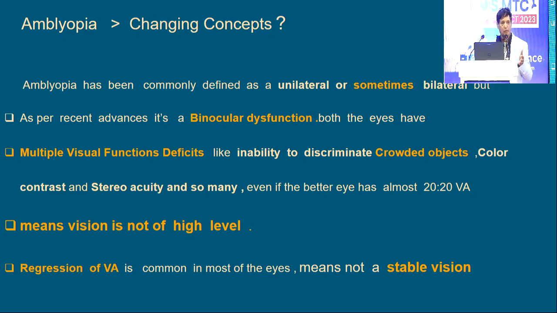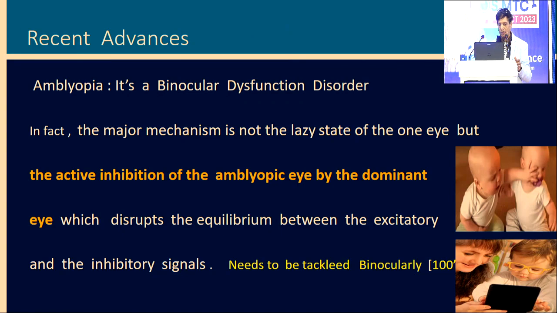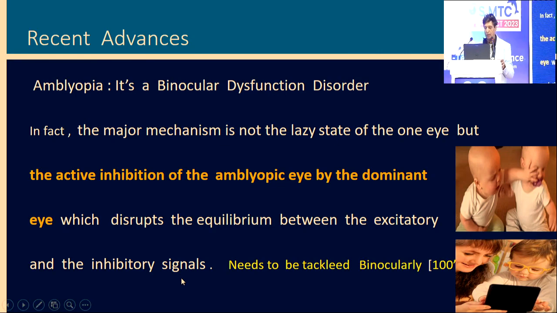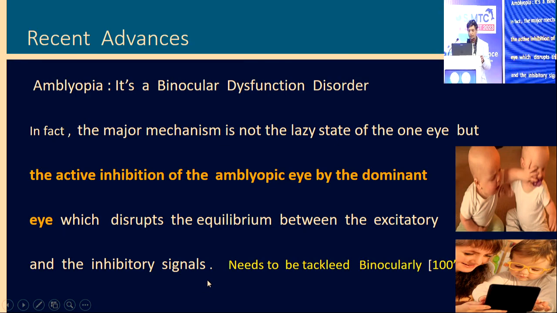And the regression problem I told you about: in more than 25 to 50% of cases they show regression. So again, amblyopia is a binocular dysfunction. In fact, the major mechanism is not the lazy state of the one eye, but the active inhibition of the amblyopic eye by the dominant eye, which disrupts the equilibrium between the excitatory and inhibitory signals.